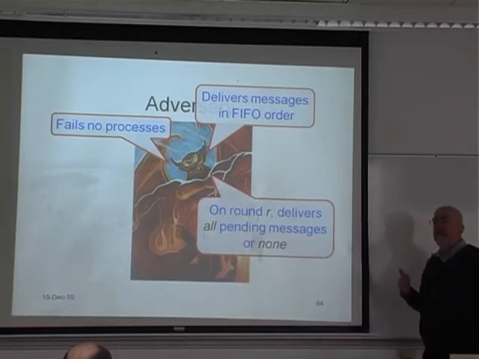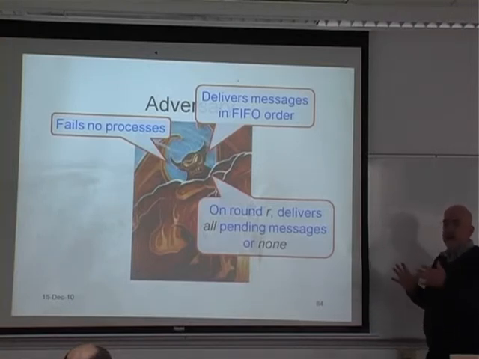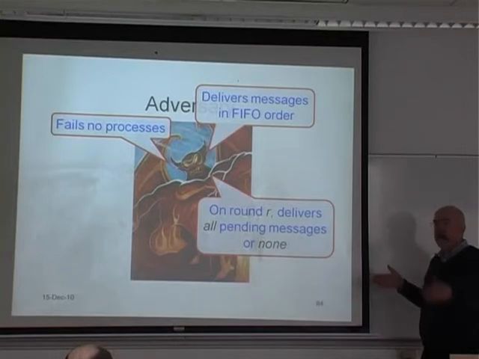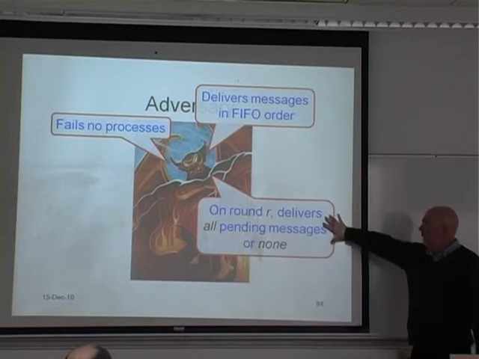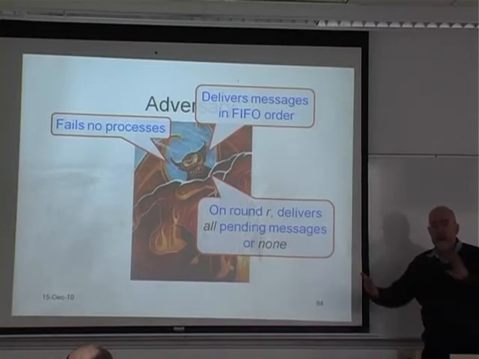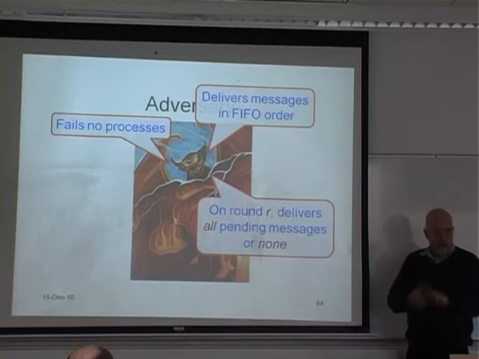But at any time, if it feels like delivering a message to you, if you're in round R, it may send you the round R messages, and at the same time it does that, it will send you all of the messages that have piled up. It's like my secretary in the United States sends me these big envelopes full of bills that show up at my office, and they all show up at the same time, even though they arrived asynchronously. So the idea is that on round R, you either get no messages or you get kind of all the messages that you had before.